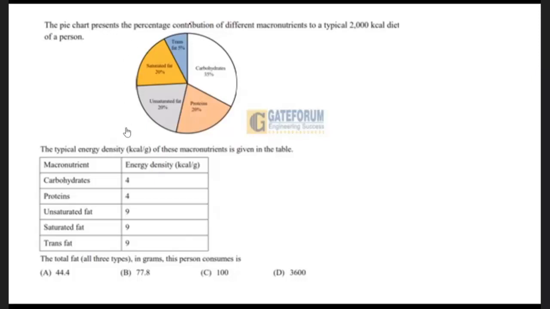The pie chart presents the percentage contribution of different macronutrients to a typical 2000 kilocalorie diet of a person. Now this is the pie chart, and as I can make out, this is carbohydrates. The percentage is 35%.